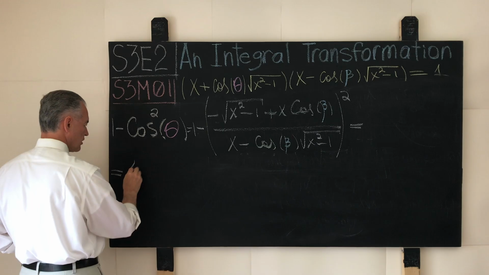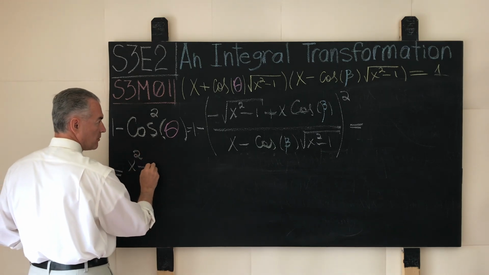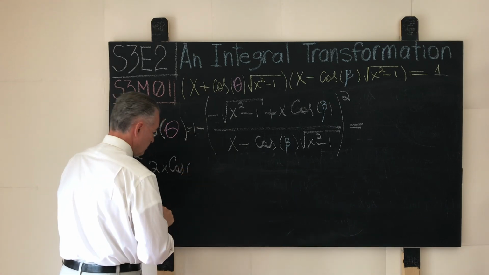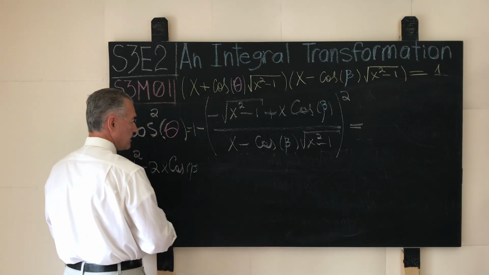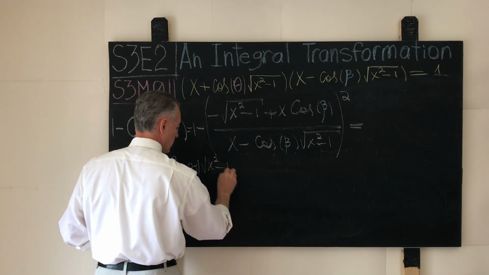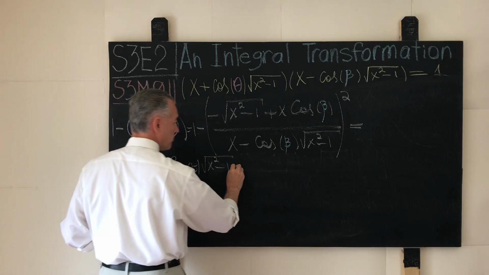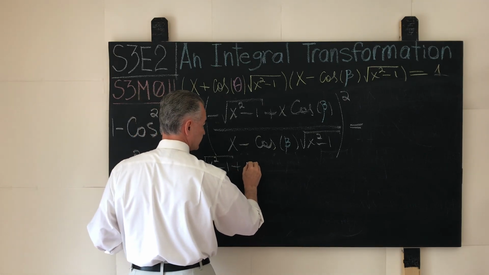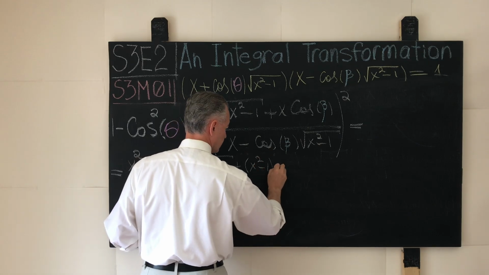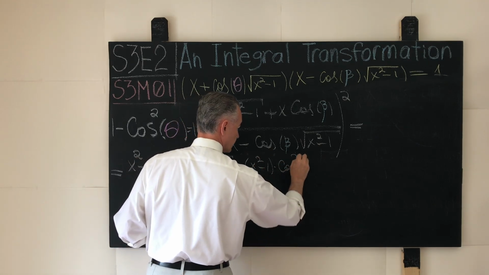Here we will have the square, x squared minus 2x cosine of beta square root of x squared minus 1 plus, let's say here we will put this guy in front, x squared minus 1 times cosine square.